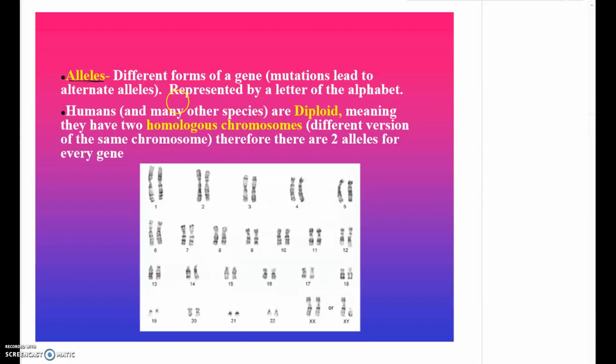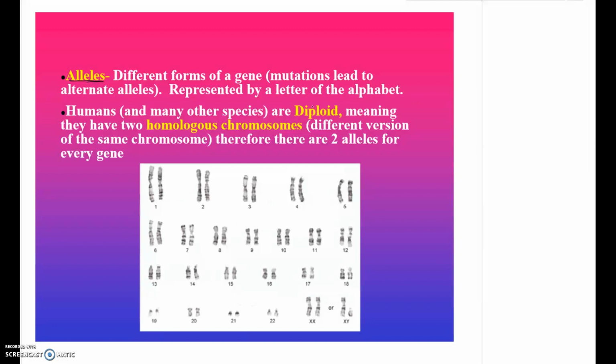And the way that we represent those different alleles is using a particular letter of the alphabet. If we think about our stretch of DNA, it would be really millions of molecules long, thousands of base pairs perhaps, and we put a letter of the alphabet in to stand for a particular allele.